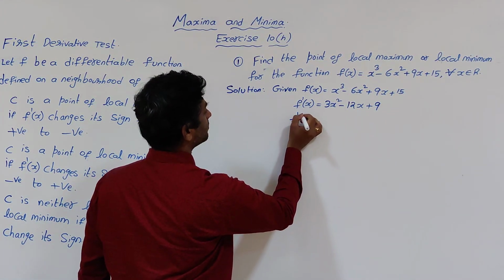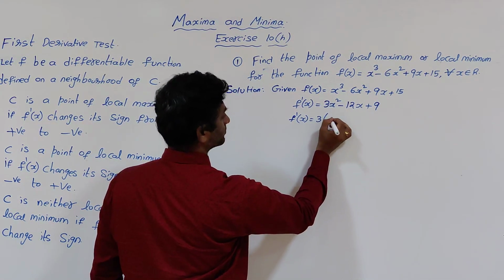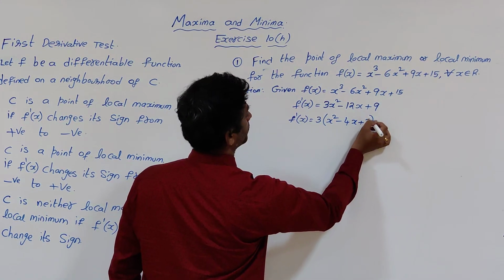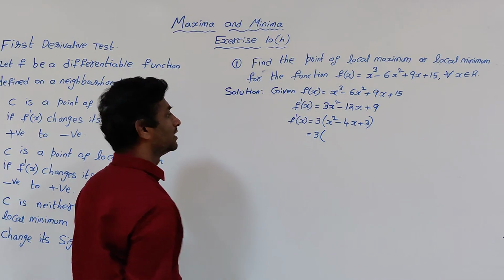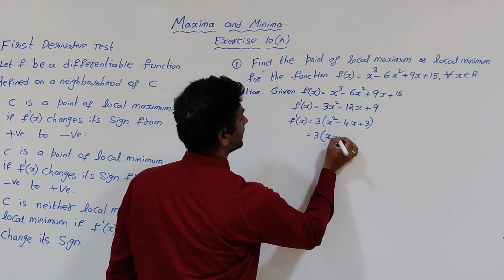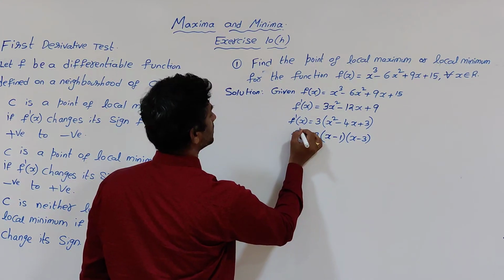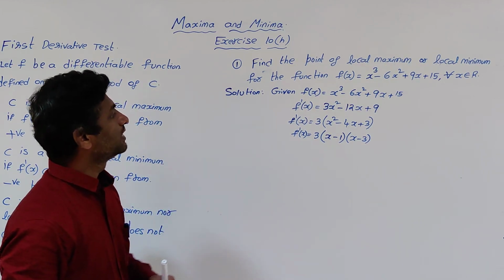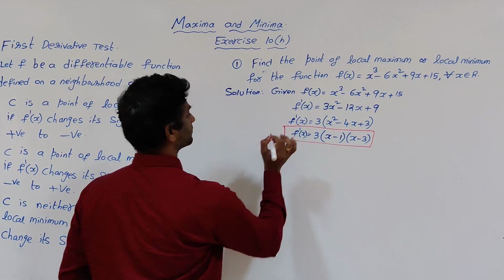So we can have f dash of x will be 3 is common, 3 times of x square minus 4x plus 3, or, as it is a quadratic expression, this can be factorized as 3 times of x minus 1 into x minus 3. So that is f dash of x. I hope that this derivative is clear for you. So that is the derivative of the function.